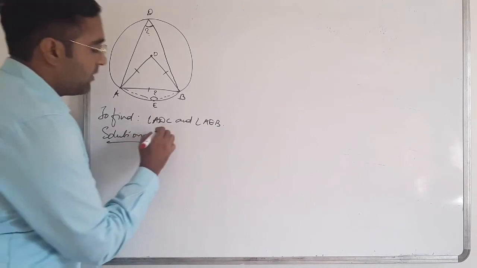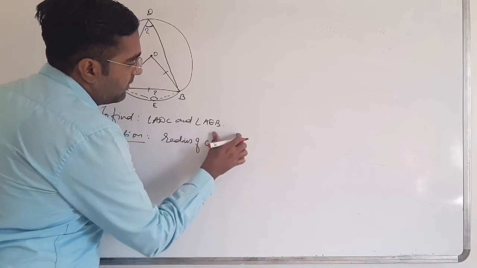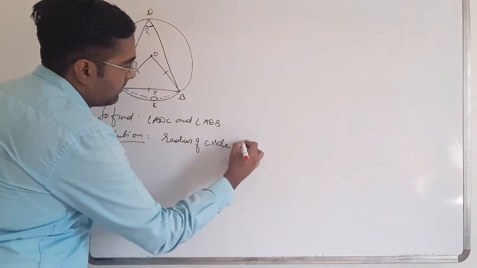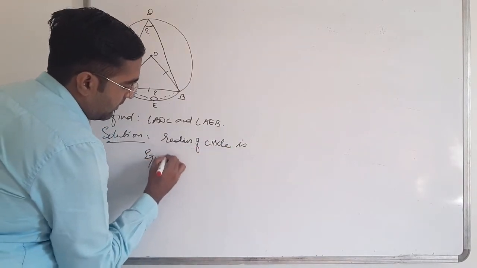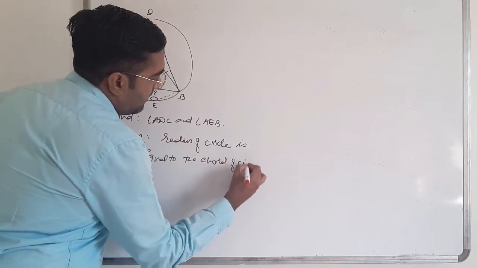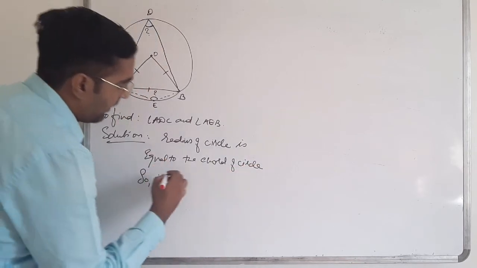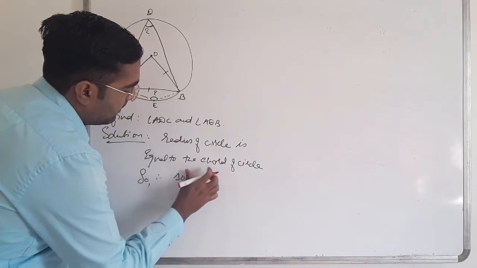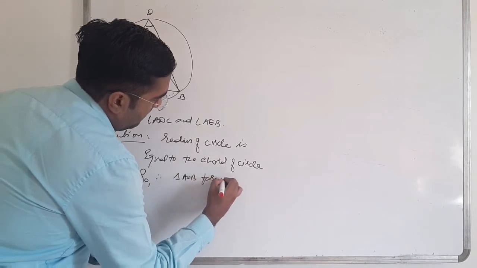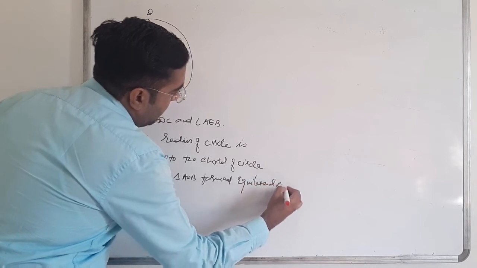The radius of the circle is equal to the chord of the circle. Therefore triangle AOB is formed as an equilateral triangle.